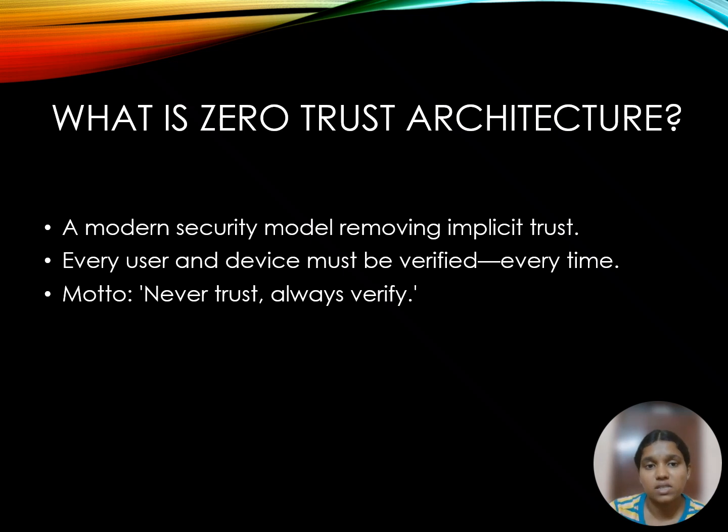Instead, every access request must be authenticated, authorized, and continuously validated before access is granted. It's a complete shift from trust but verify to never trust, always verify. This means that every user and device must prove who they are every single time they try to access any resource.